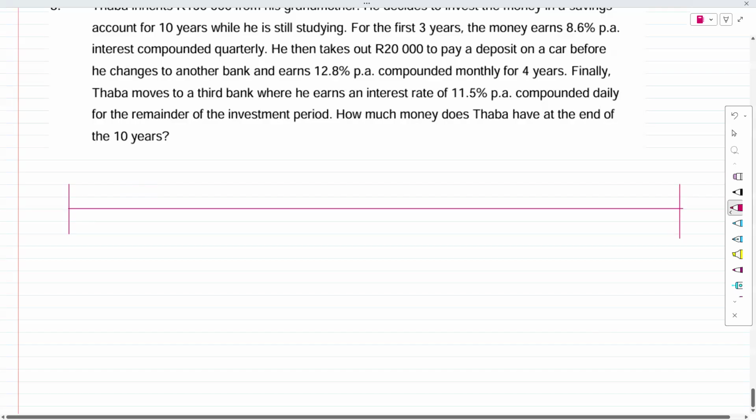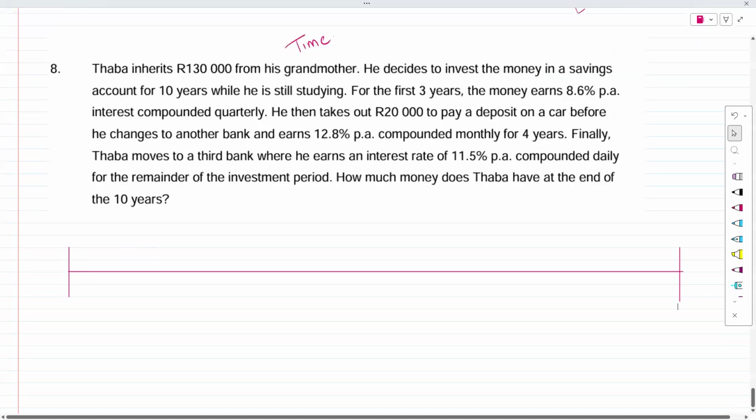This entire timeline is 10 years, right? This guy, his grandmom or grandfather gave him 130,000. He decided to put this money away for 3 years, so let's put this as 3 years. And this money earned 8.6% compounded quarterly.